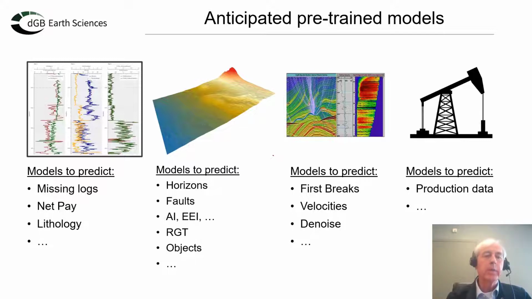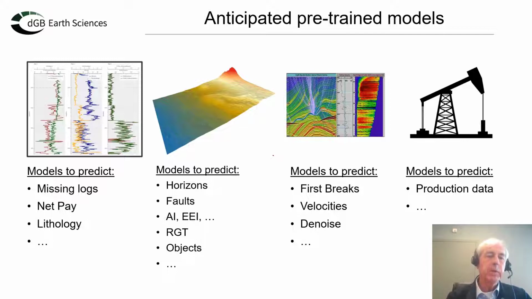Now, what the operational geoscientist who is going to use these models should always realize is that these models might be applicable sometimes worldwide, but sometimes they might just be applicable for a certain basin, or maybe even for just one formation.